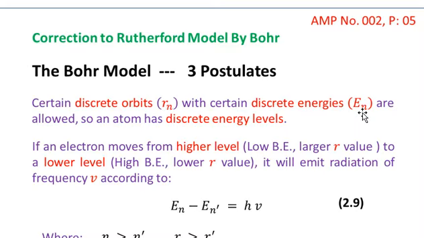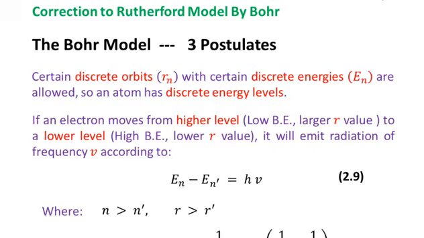Since n will take integer values only, the discrete orbit Rn will not be a continuous parameter, and similarly the total energy of the electron in the Bohr orbit will not be a continuous parameter but a discrete parameter. Okay, so this was the first postulate of the Bohr model.